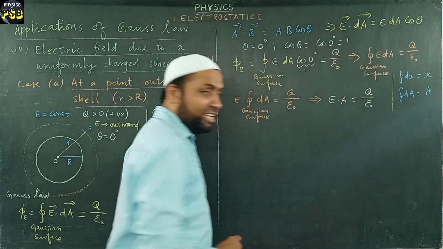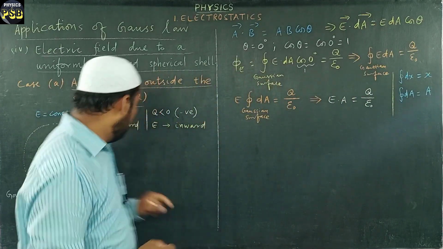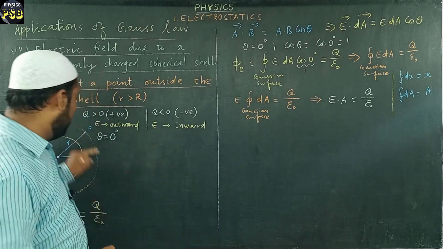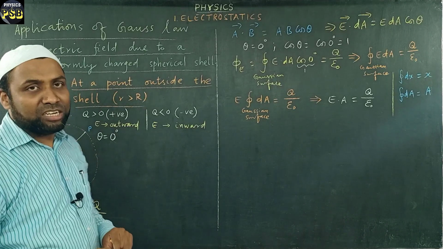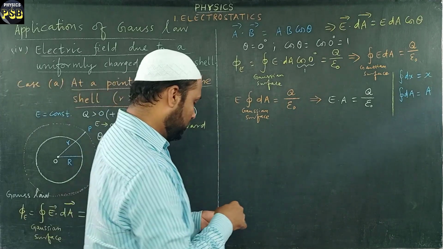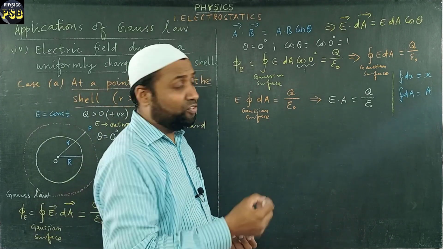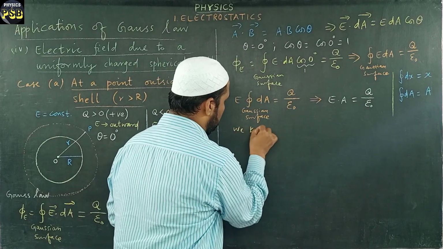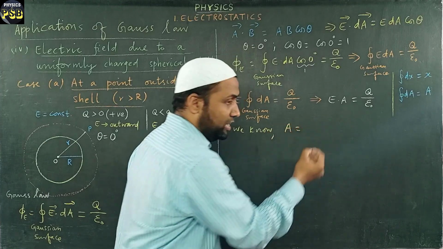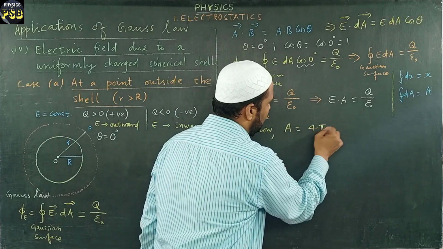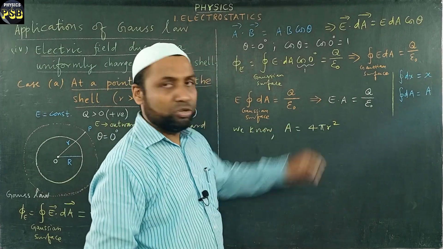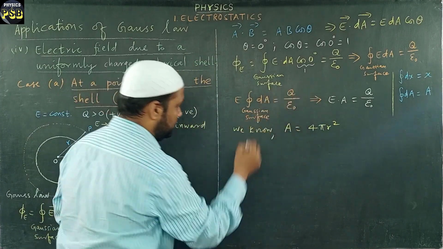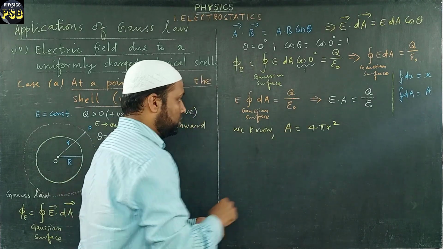Now here A is the total surface area of this sphere which surrounds the charged shell. So we know the area of a sphere is 4 pi r square, that I am going to use here.